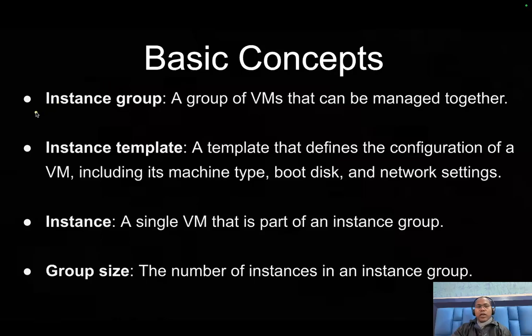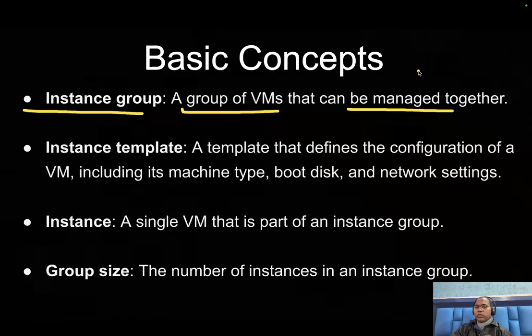As mentioned, an instance group is a group of VMs that can be managed together. Together means as a single entity, as a single configuration file, I have to manage everything. With an instance group, I tell it, hey, I have 1 to 50 virtual machines with this configuration.